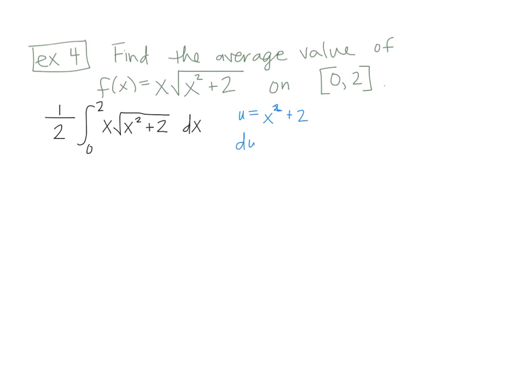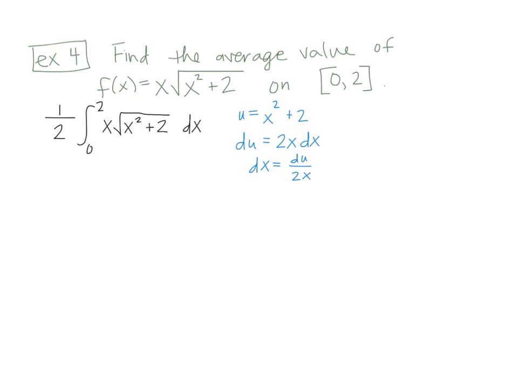Therefore, du would be 2x dx. We need to use u substitution here because we can't just straightforwardly do the integral, or the integrating rather. Okay, solving for dx, dx is du over 2x.